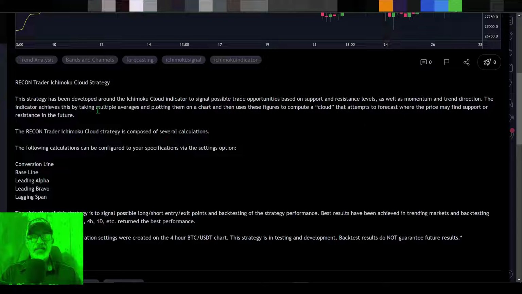And the indicator basically creates a cloud by taking multiple averages and plotting them on a chart, and then basically uses those figures to compute a cloud that attempts to forecast where the price may find support or resistance in the future. And that is also how we can find potential breakout opportunities.